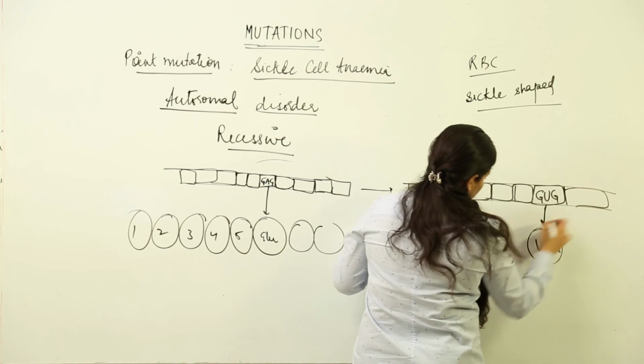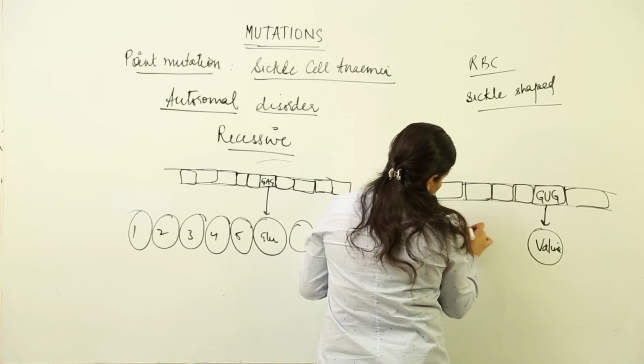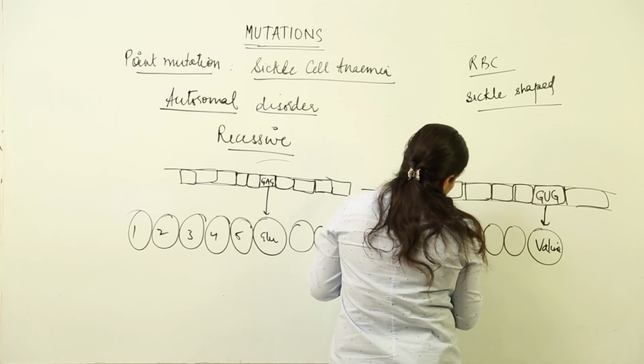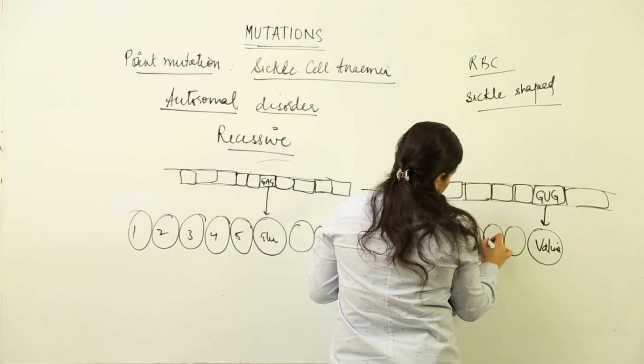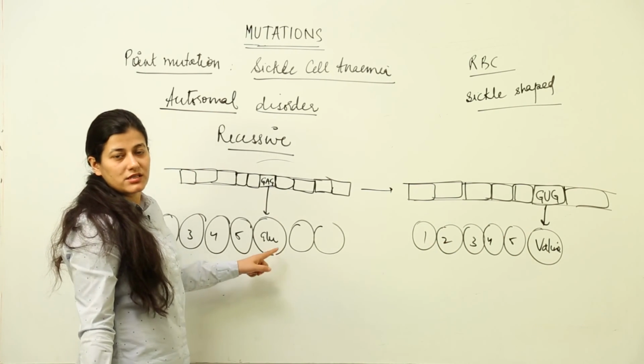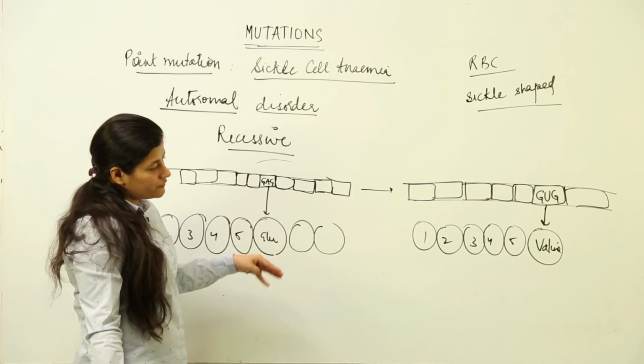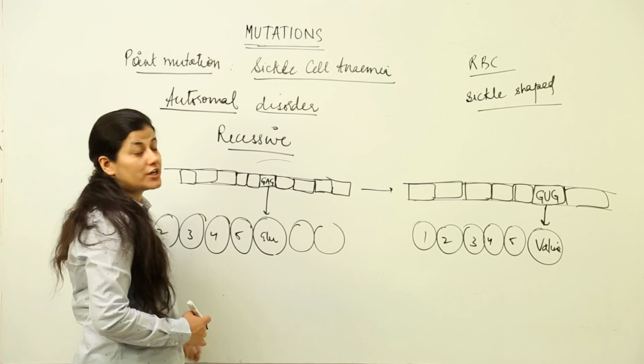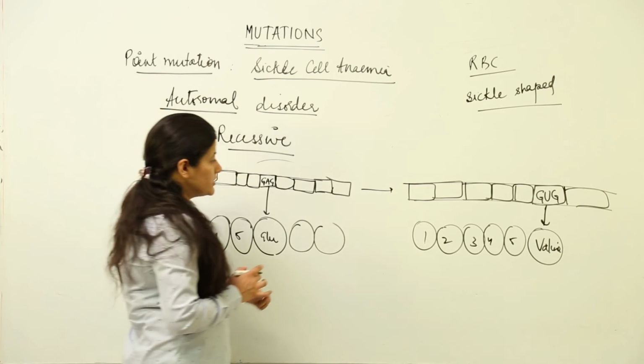The 6th position, as you can see, is different from what it is over here, and that makes the beta globin chain different, and because of that it polymerizes under oxygen stress and leads to a condition known as sickle cell anemia.